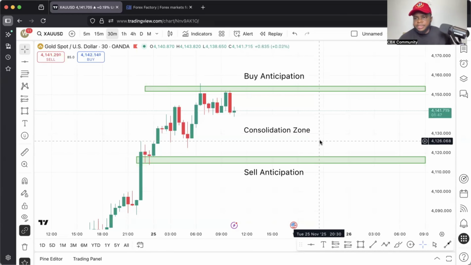The candle is left with a minute before the candle will close. Just be patient.